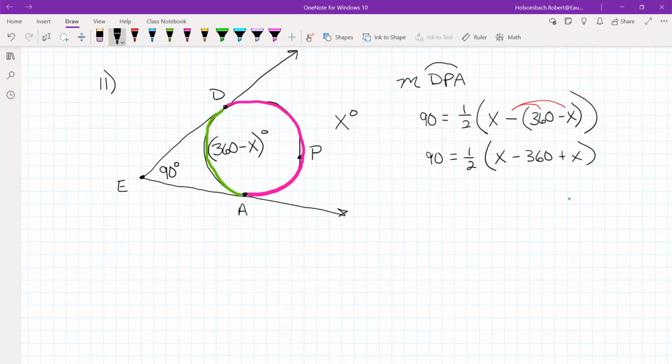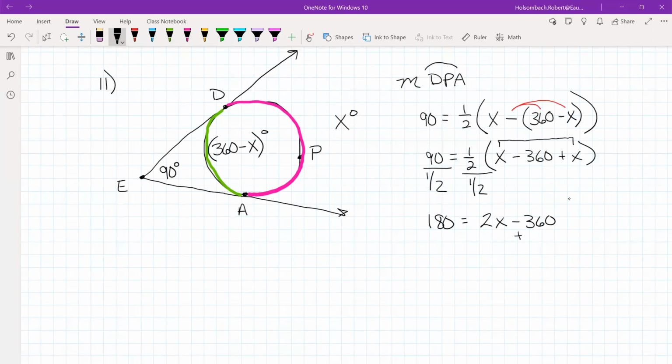So I'm going to do two things in this next step. I'm going to divide both sides by 1/2. 90 divided by 1/2 is 180. And on the right-hand side, we're going to combine like terms. So we've got an X plus X, which is 2X. And we got a -360 that comes down.